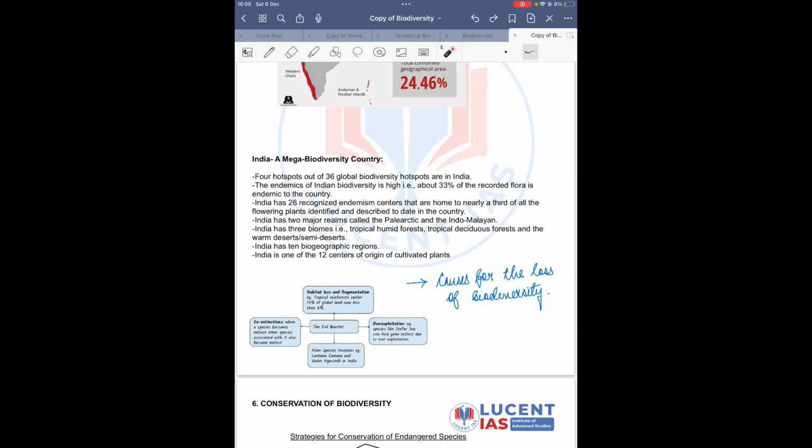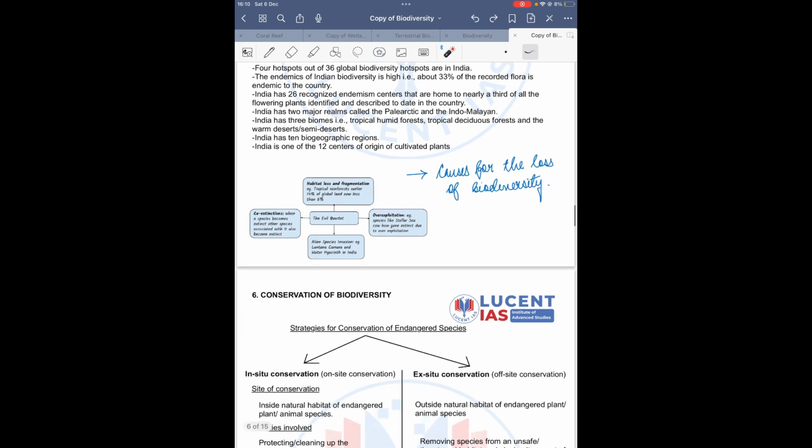Then alien species, invasive alien species like Lantana camara and water hyacinth, they are the reason for biodiversity loss. Then co-extinction, when one species becomes extinct, then the other species also get extinct. It is the co-extinction. So these are the 4 evil quartet of biodiversity loss.